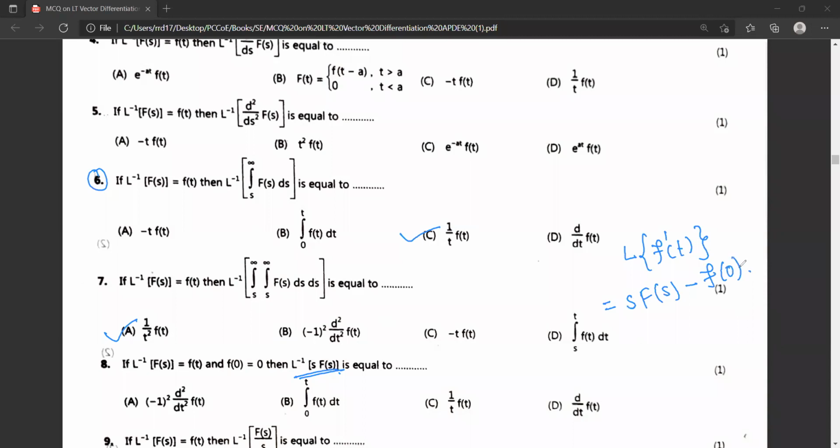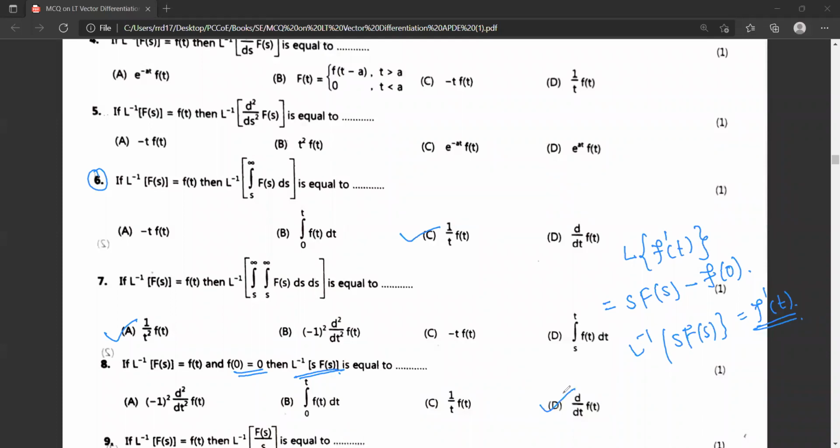Now I'm going to consider that given f of 0 is 0. So if I apply L inverse on s f of s, what are we going to get? f dash of t, that is differentiation of f of t.